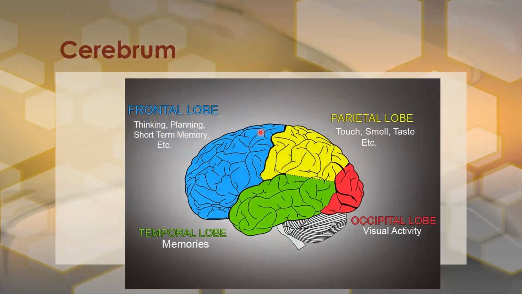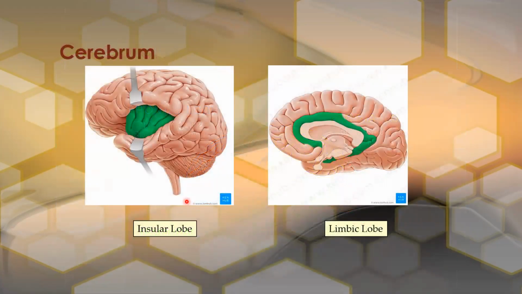Some very simple functions of the different lobes of the cerebrum. The frontal lobe is involved in thinking, planning, and short-term memory. The parietal lobe is mainly sensory: touch, smell, taste. The occipital lobe is related to visual activity, and the temporal lobe is memory and some auditory sensory part.